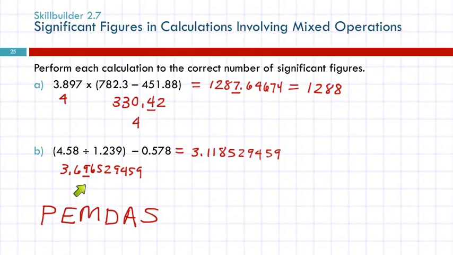We underlined the second decimal place. And this would have 3. So that means this number should be rounded to the second decimal place. This is right there. And so that would round to 3.12. Any questions? This is something you need to practice to get the hang of.